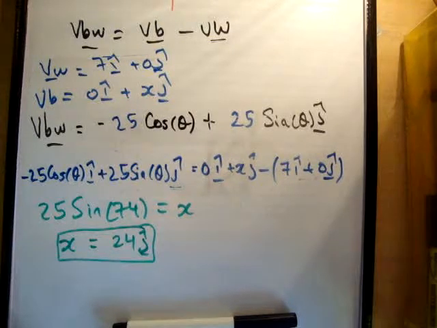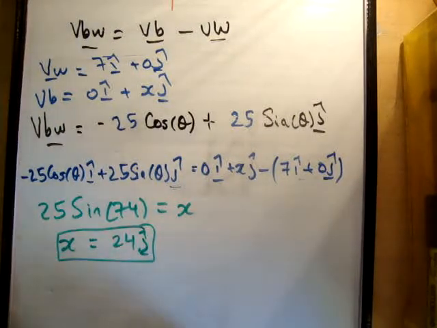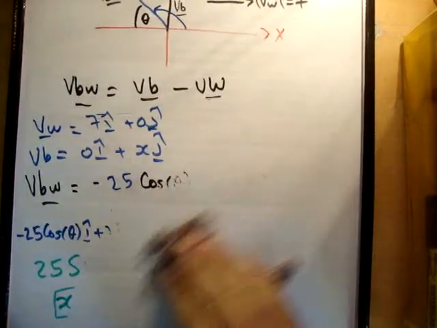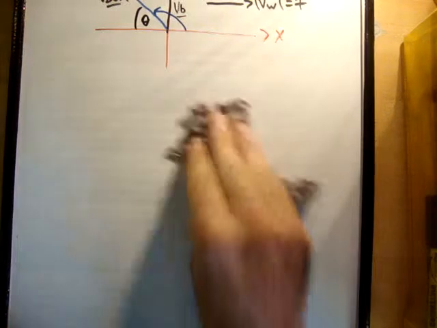And also we're asked to find how long it will take to get across the river. The river we're given is 120 meters wide. So just bear with me now and we'll see what we have here.